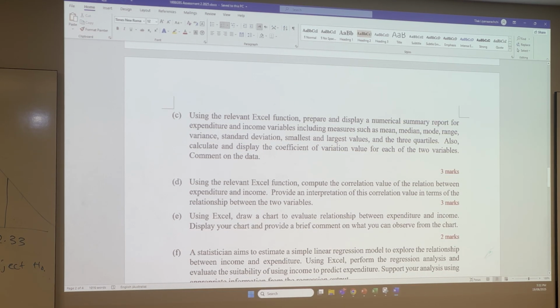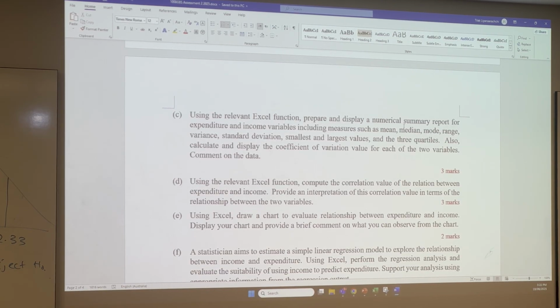And then question number C, numerical summary measures. What do you mean by numerical summary measures? What do we include? We should include mean, median, mode, variance, standard deviation.